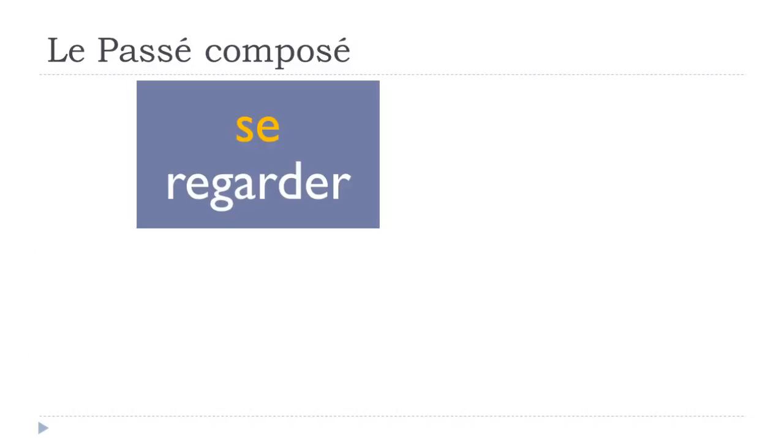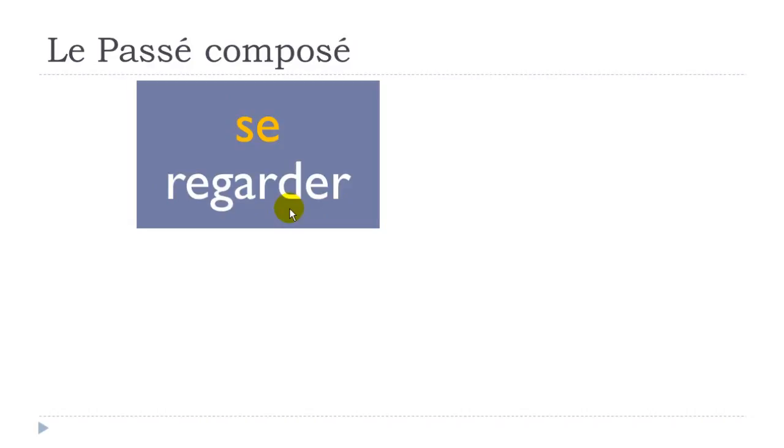So, let's see the other group of verbs that will all the time require être. And these verbs are what we call verbes réfléchis, sorry, I was thinking about the reflexive in English, okay? So, se regarder, for instance, okay? So remember that we've got these verbs, like regarder is to watch or to look, and then when you put this se regarder, well, basically you will have the meaning like to look or to watch at oneself, okay?